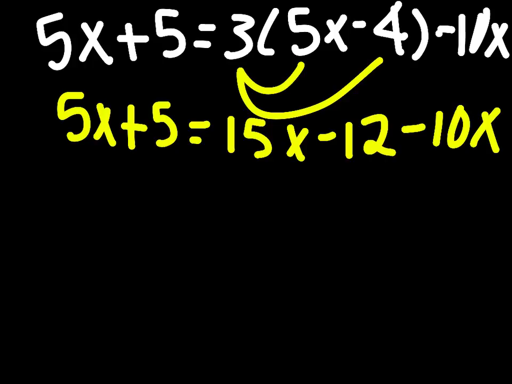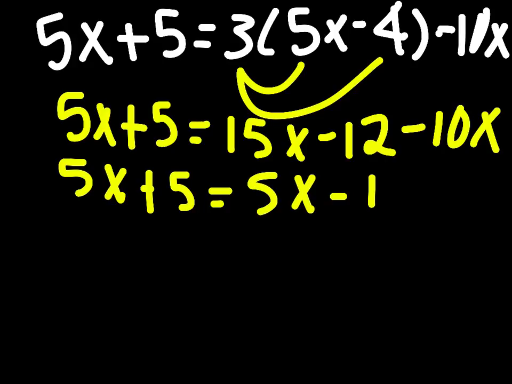Okay, so we have two x's on one side, so we still have to get the other x on the other side. So we can group them together. So this would be 5x plus 5 equals 5x minus 12, because we grouped 15x and negative 10x.